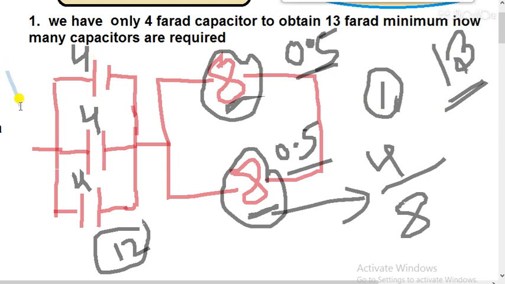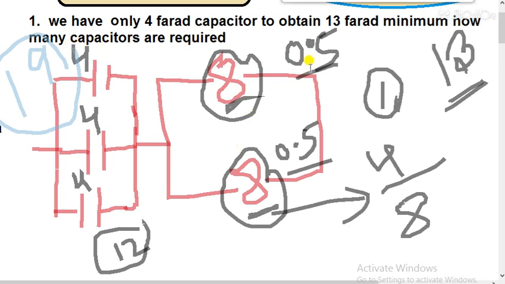So my main motive of this question is that for the minimum capacitors you can draw the circuit, but to find the maximum number of capacitors you cannot draw a circuit. You can only judge the minimum number of capacitors.